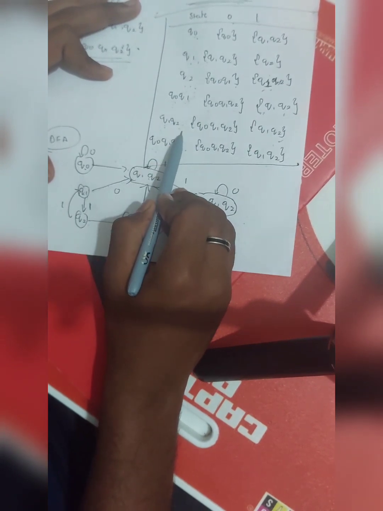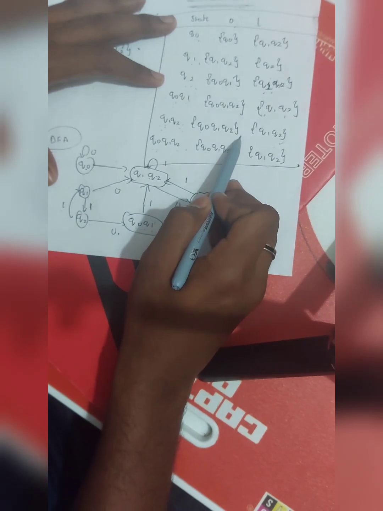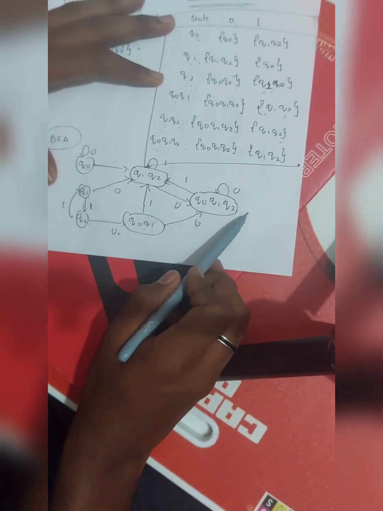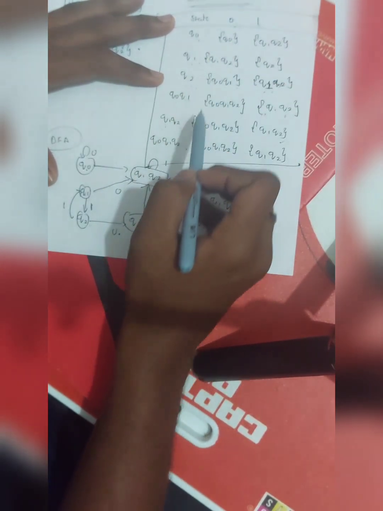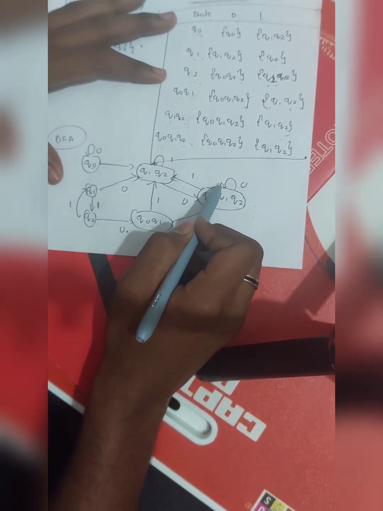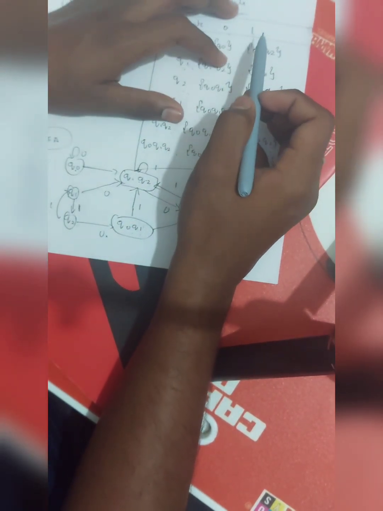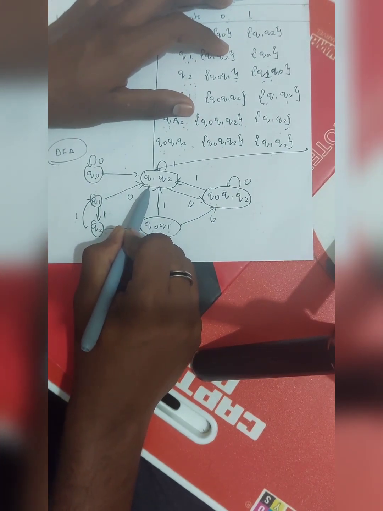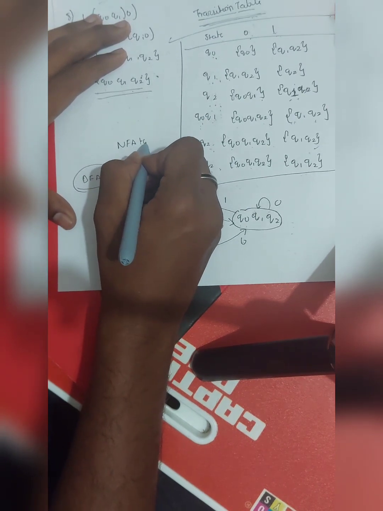Now Q1, Q2 with respect to 0 is traveling to Q0, Q1, Q2. Again Q0, Q1, Q2 with respect to 0 is Q0, Q1, Q2. It will be assigned a self loop. Q0, Q1, Q2 with respect to 1 will be traveling to Q1, Q2. This is the way to convert NFA to DFA.